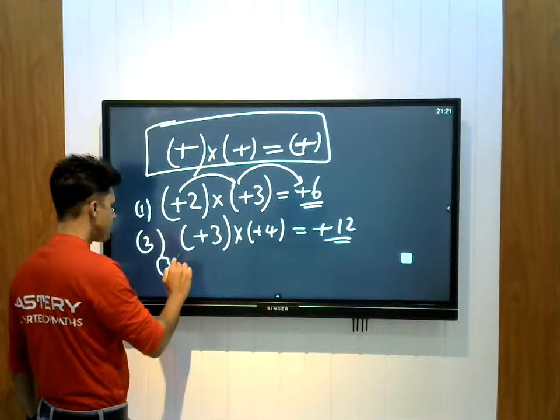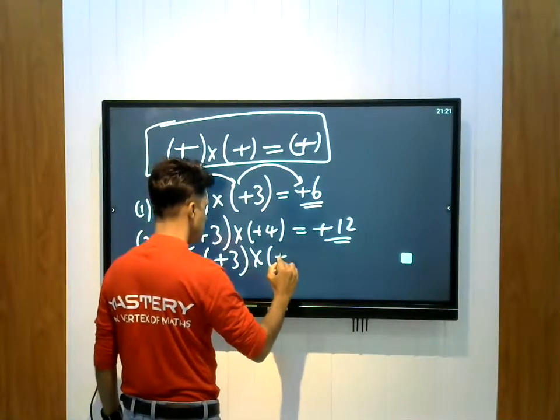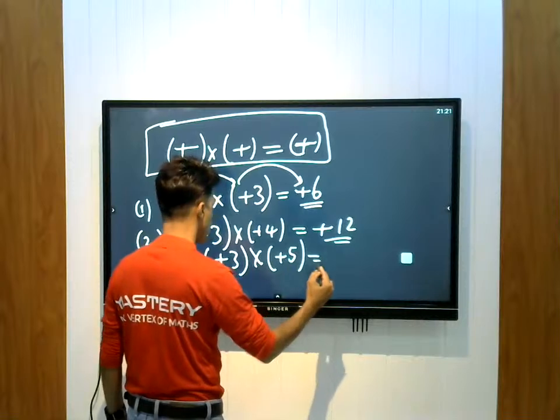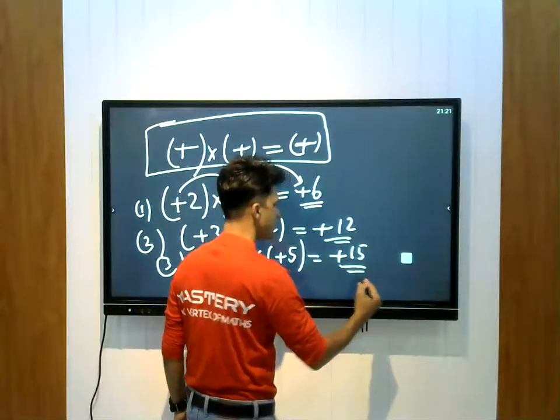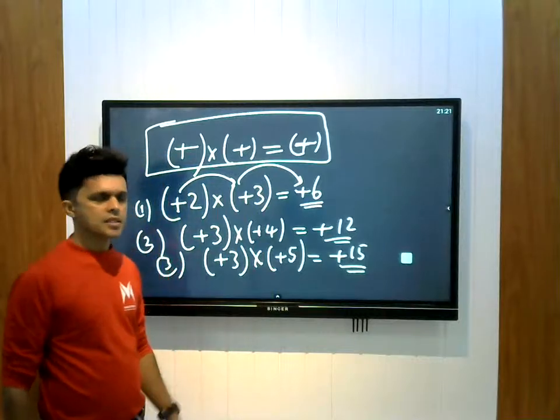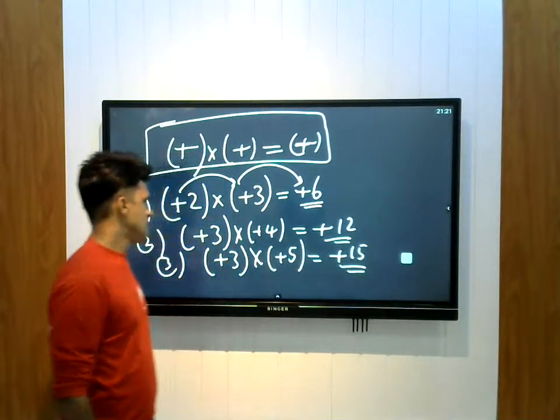So this one, plus 3 into plus 5. Plus into plus is plus, 3 times 5 is 15. The answer is 15.